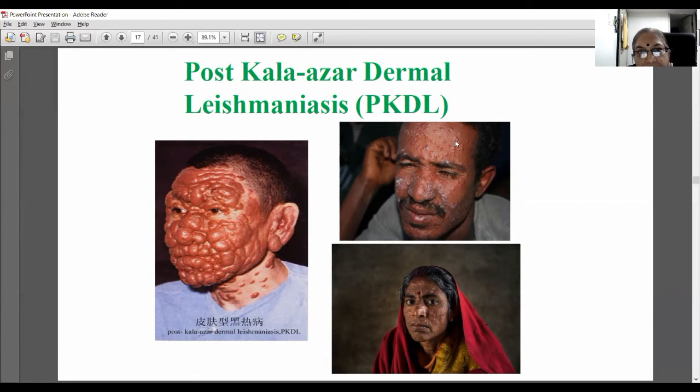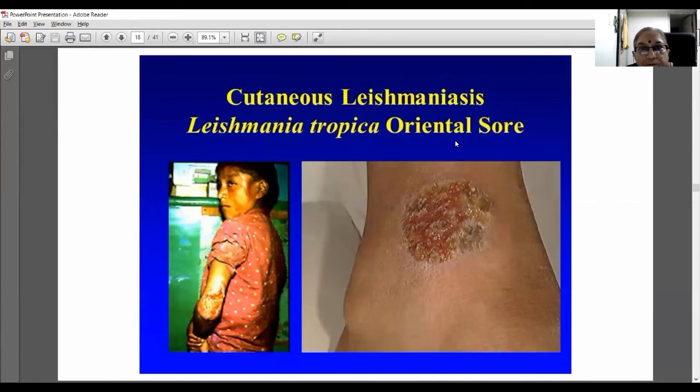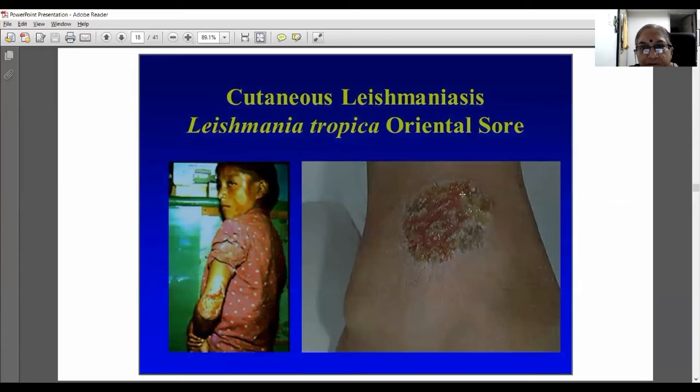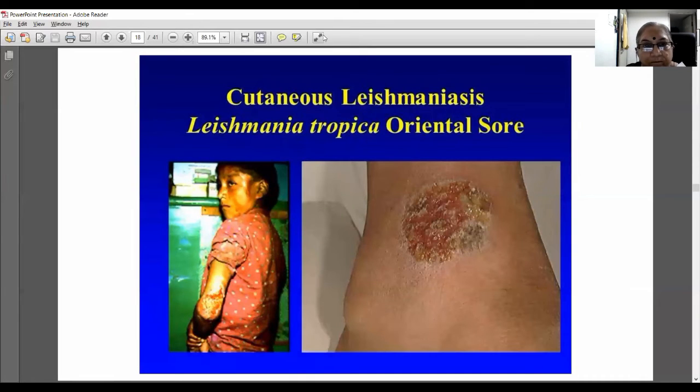You can see this. Cutaneous leishmaniasis, oriental sore. So this is the oriental sore.